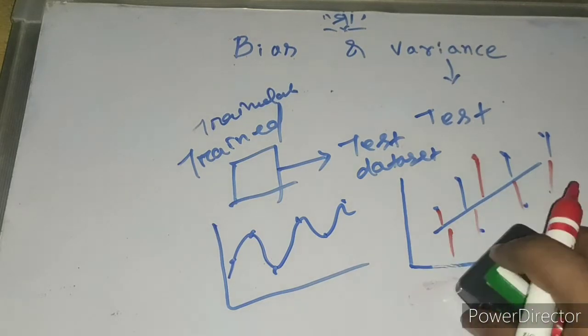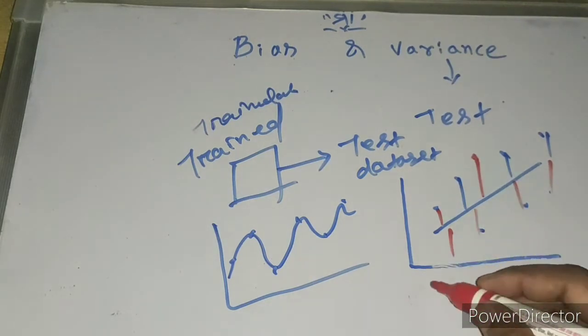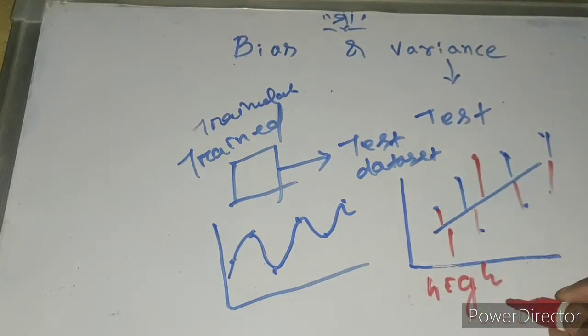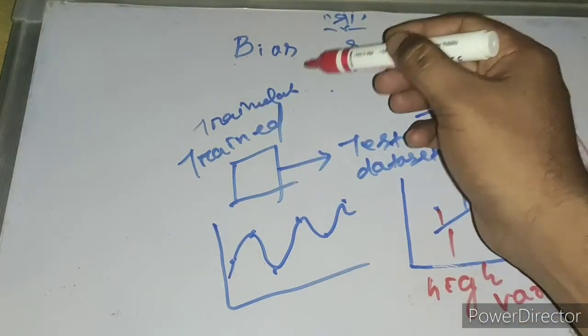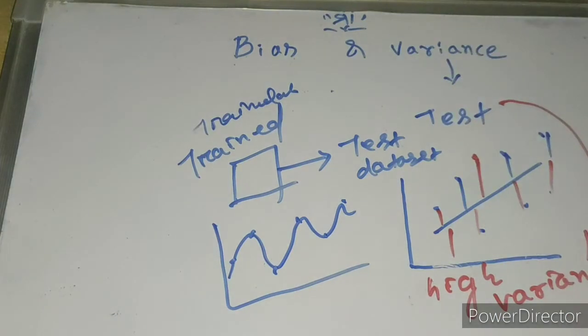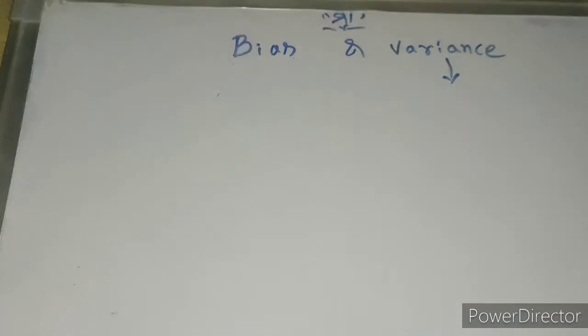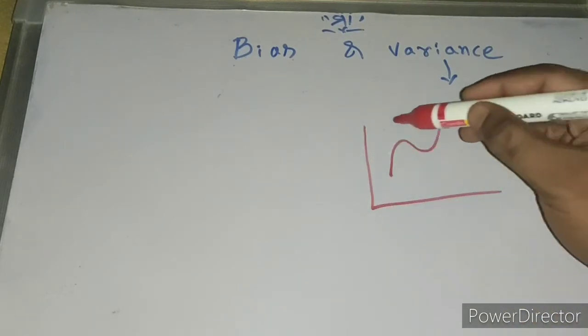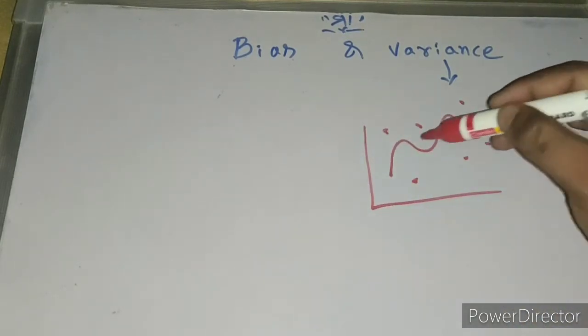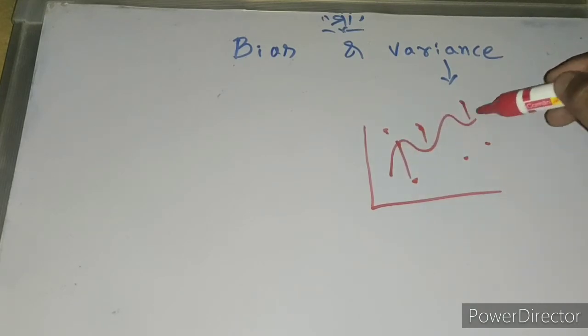Ensure that the word variance comes with testing and the word bias comes with training. As we have seen, some data points are still here. It is not fitting properly. So this is called high variance.